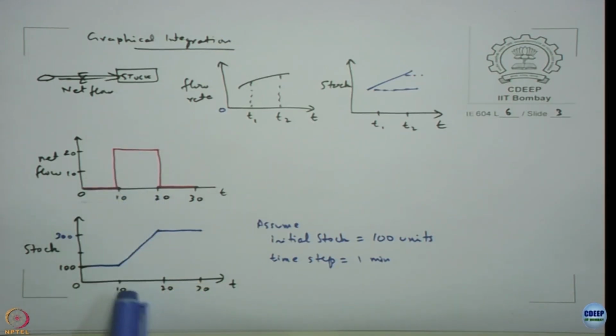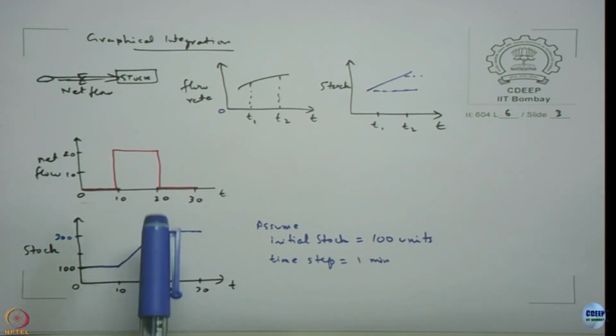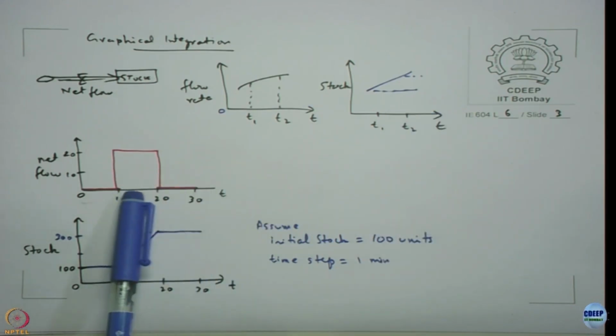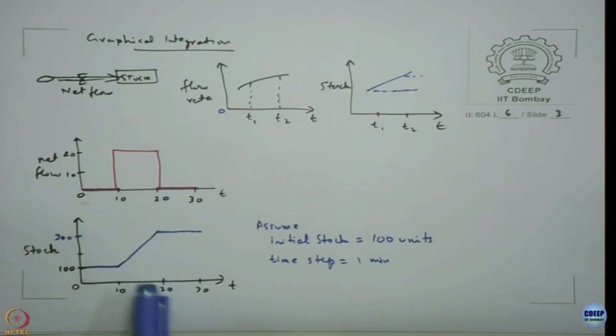So it goes from 100 to 120, then to 140, 160, 180, 200, 220, 240, 260, 280, 300. For every time step, the equal amount that is put in is added here.